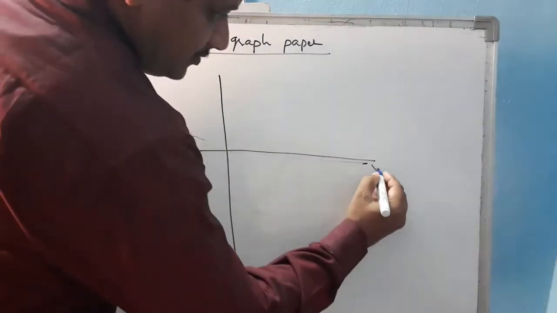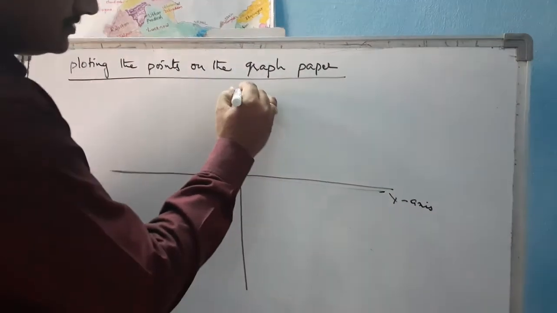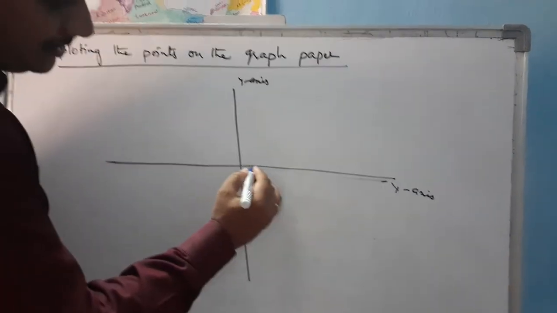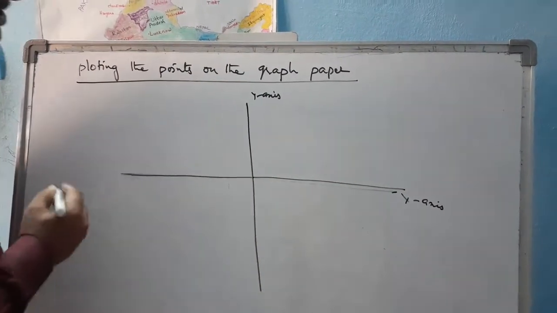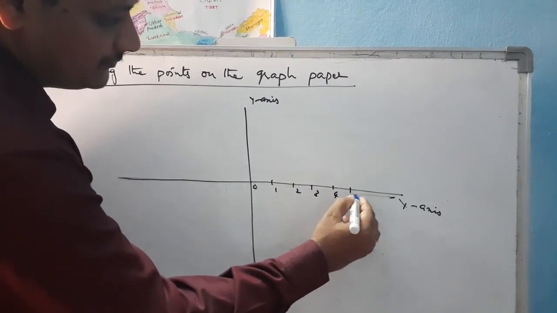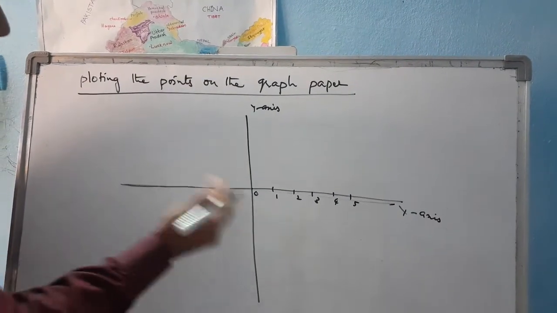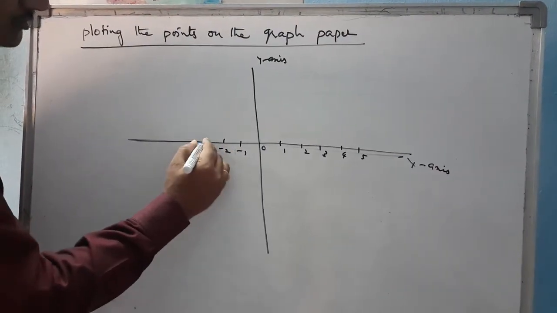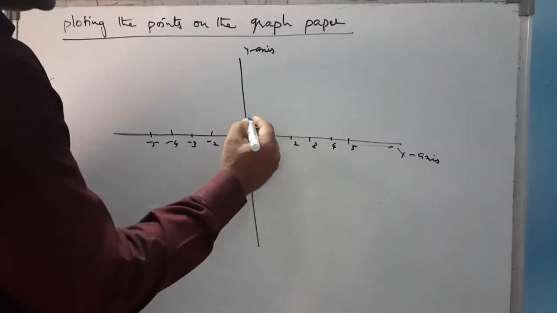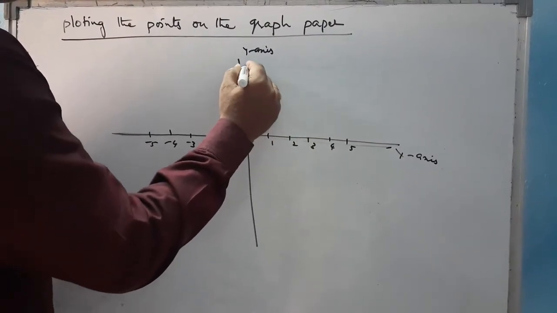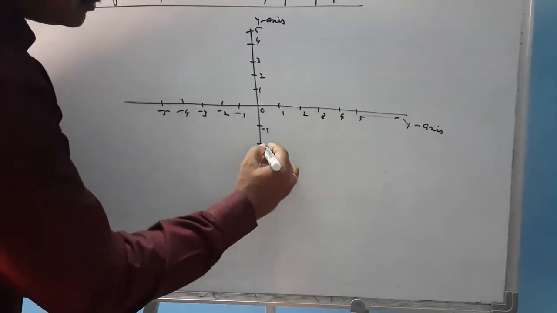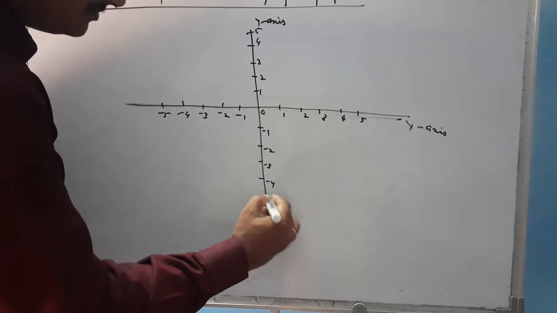On the right side of the intersecting point we are taking 0, 1, 2, 3, 4, 5, and so on. On the left side of the 0 we are taking -1, -2, -3, -4, -5. Upside of the 0 we are taking 1, 2, 3, 4, 5 positive values, and the downside of the 0 is -1, -2, -3, -4, -5.